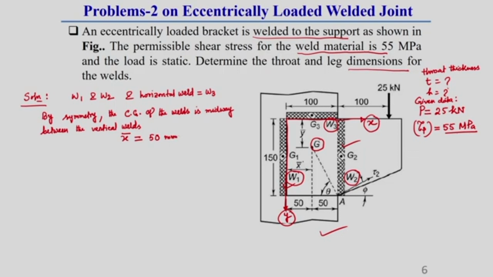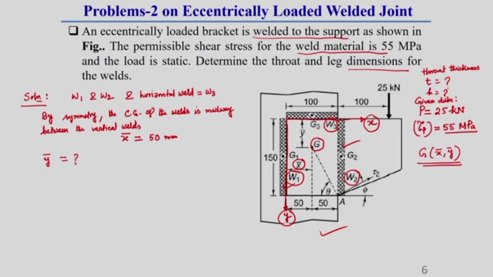But we have to find out what y bar is. That means first we have to find G, the location of the CG of the whole weld. The G coordinate is x bar and y bar. x bar is very well known due to the symmetry of the two vertical welds, which is equal to 50 millimeter. Now we will go for finding y bar.